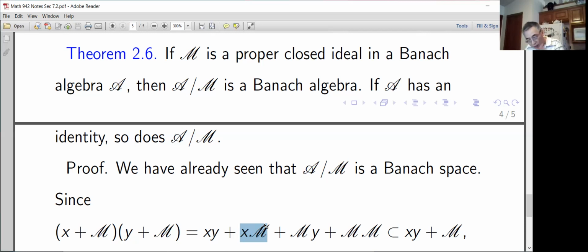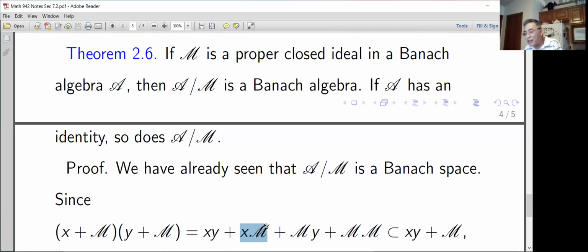Given that this M is a subspace, in order for it to be a subalgebra, it requires that XY belongs to M if X and Y belong to M. We say it is an ideal if XY belongs to M whenever X belongs to A and Y belongs to M. So we allow X to be in A. So that is the difference between an ideal and a subalgebra.